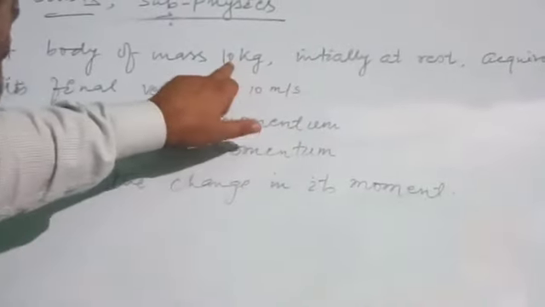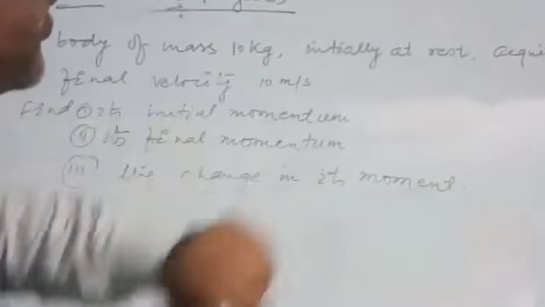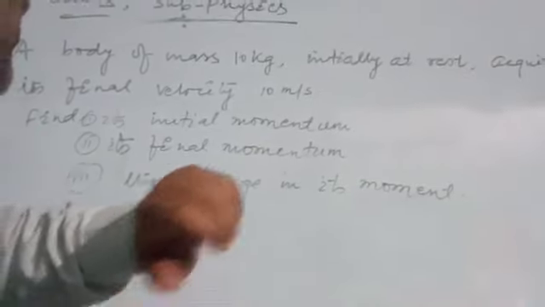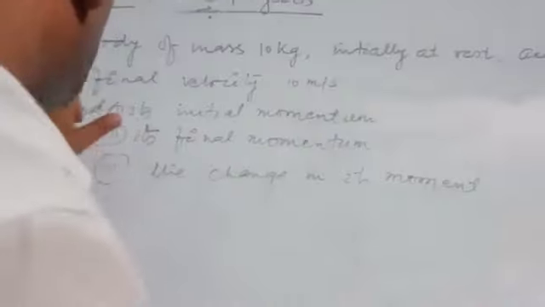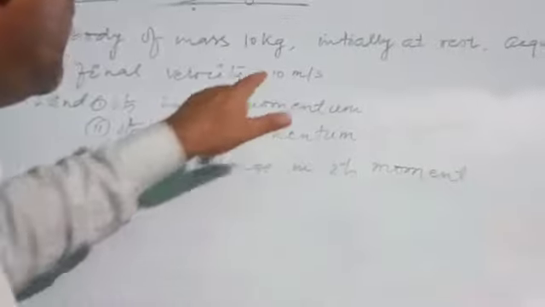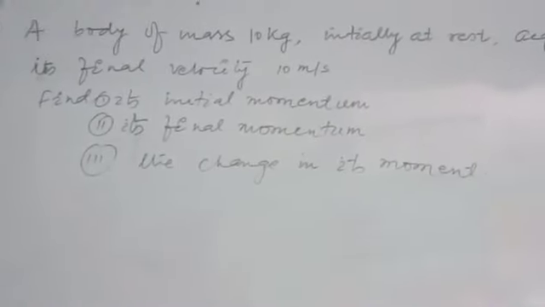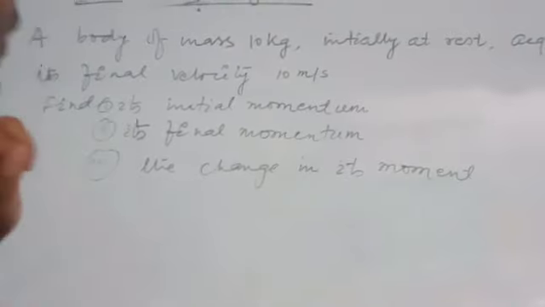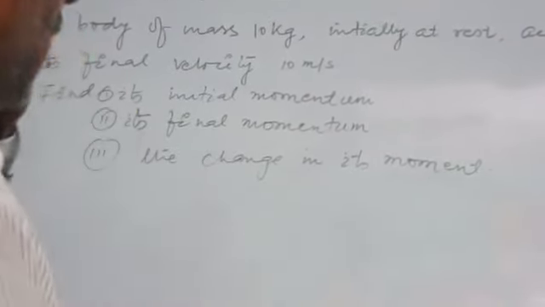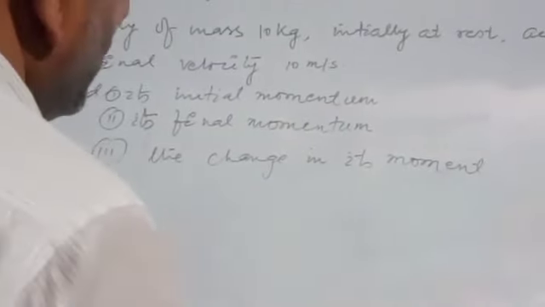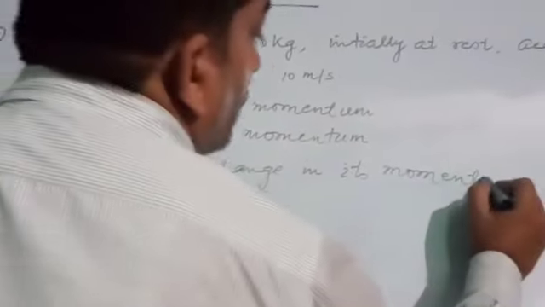A body is at rest initially. Its mass is 10 kg. It acquires a final velocity of 10 meter/second. Then you have to find its initial momentum, its final momentum, and the change in its momentum.